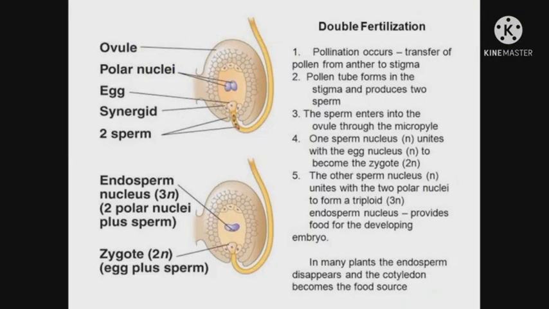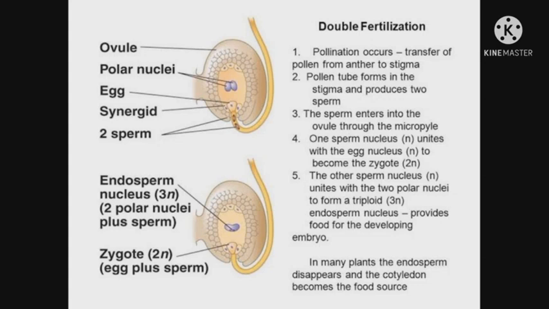Double fertilization. Pollination occurs by transfer of pollen from anther to stigma. A pollen tube forms in the stigma and produces two sperm. The sperm enters the ovule through the micropyle.